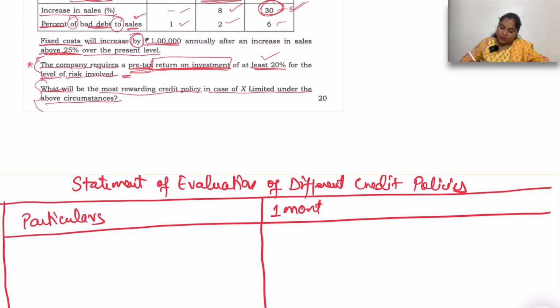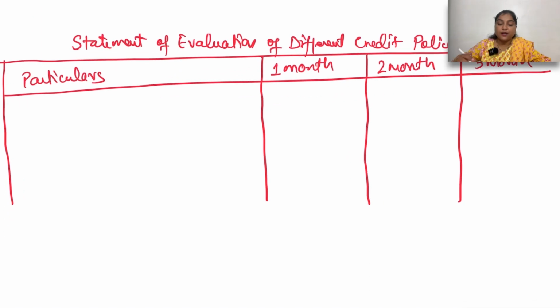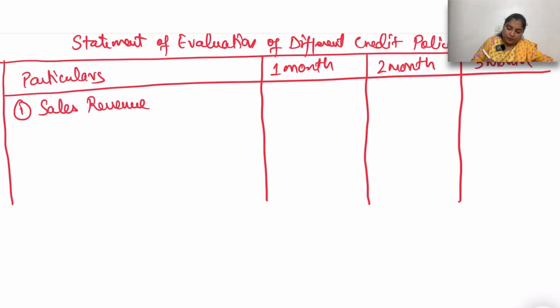So we have 3 credit periods: 1 month, 2 months, and 3 months. Agree? So we have 3 options and we have to choose which one is profitable. When it's about profit, we need to compute the profit. So what is given initially? Sales revenue. Just do accordingly.